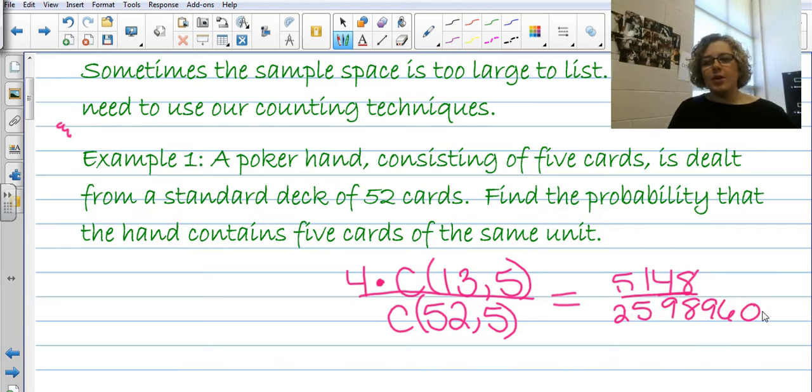And you don't have to worry about simplifying these fractions. I actually prefer it if you leave it this way. It's just easier for me. All right, so you get 5,148 over 2,598,960.